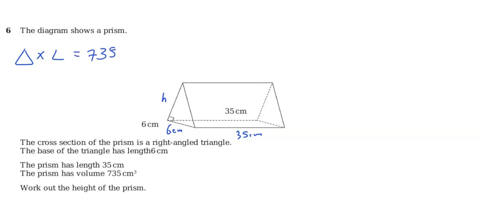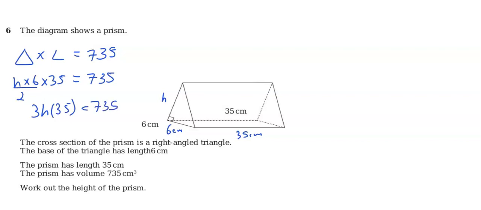The triangular cross-section is h times 6 over 2. We multiply by 35 and we get 735. So that is 3h times 35 is 735. So I'll put this over here. 3 times 35 times h is 735.